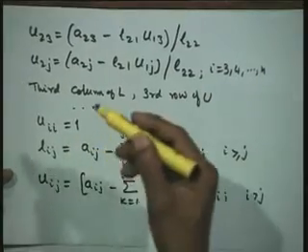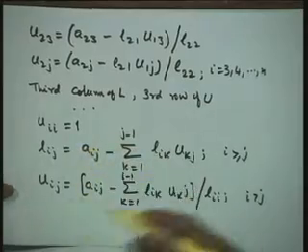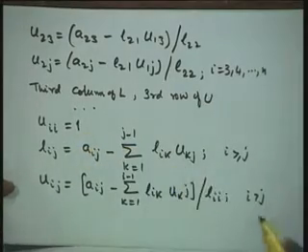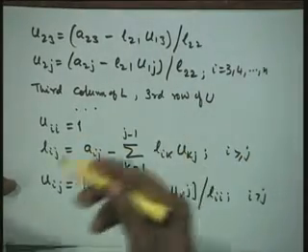One particular thing is the storage: you do not have to ask for storage for A, L and U. You can overwrite the elements of A with the elements of L and U. Knowing that the elements u_ii are equal to 1, we can overwrite the elements of A by the elements of L and U as the computation progresses. Therefore, we do not need matrices of order n by n for A, n by n for L, and n by n for U. So, optimality can be obtained in the way one does the storage and the other aspects of the problem.